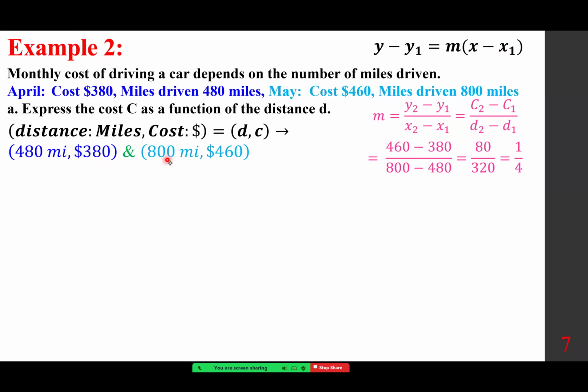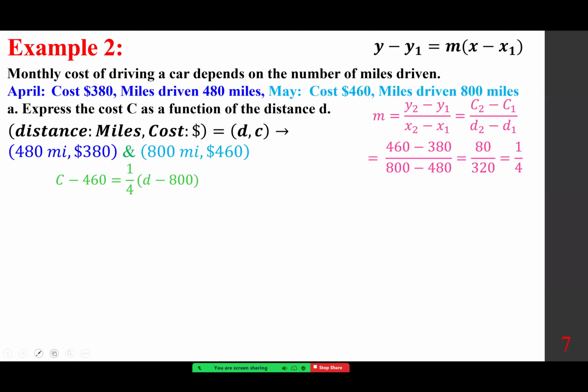For example, if we use this one, we say c minus 460 equals m, 1/4, times d minus 800. We're using this and changing the variables to d and c.